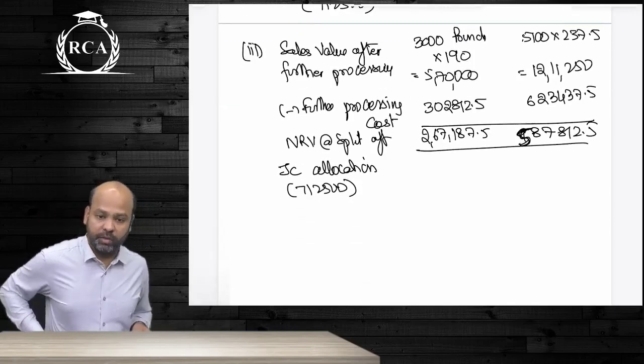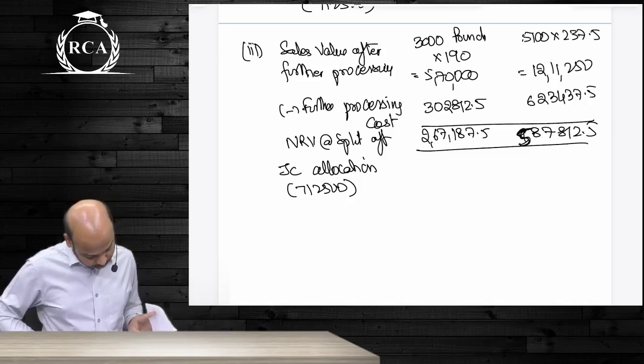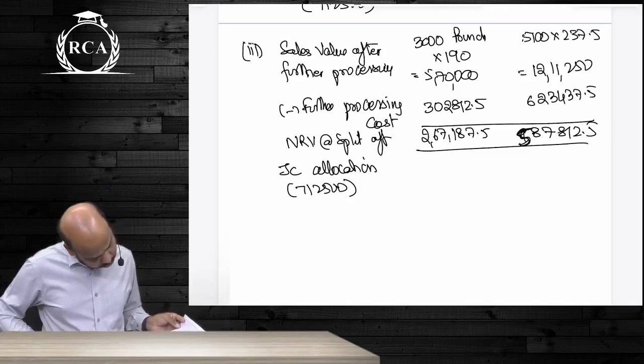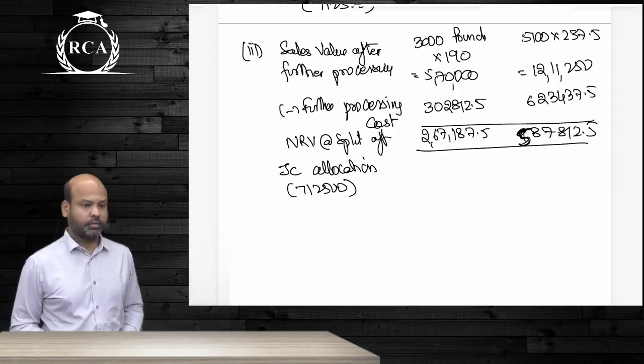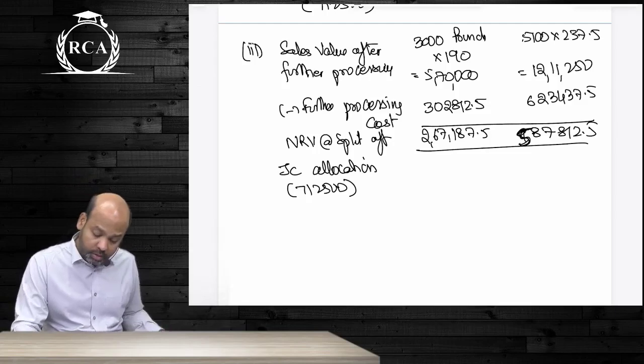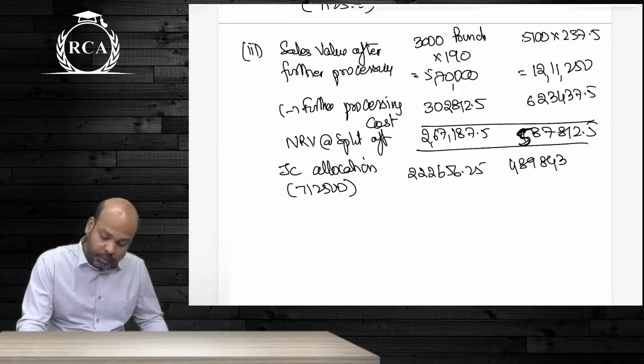Guys, is everyone following? 2 lakh, it matched, perfect. 2,22,000. So the second one, 4,89,843.75.